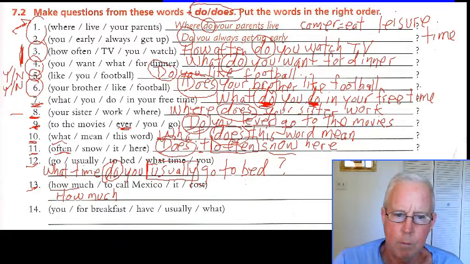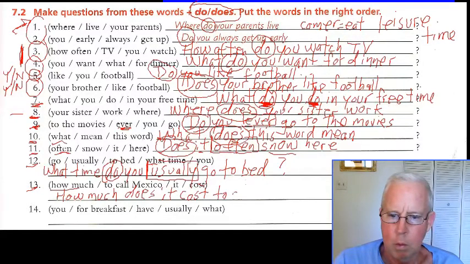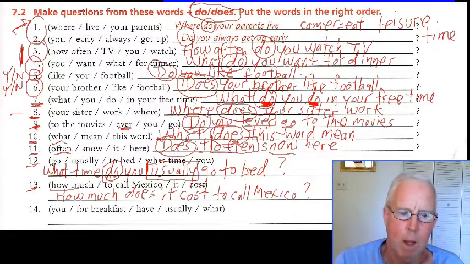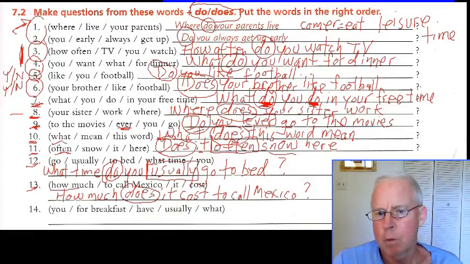How much does it cost to call Mexico? How much does it cost to call Mexico?